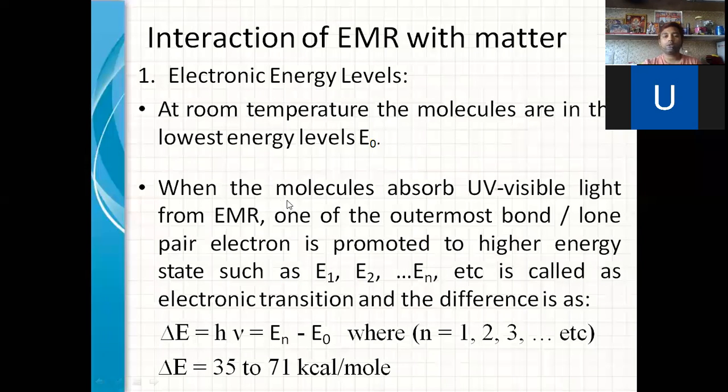When the molecules absorb ultraviolet or visible light, one of the outermost bond or lone pair electrons is promoted to higher energy states, such as E1, E2, up to En. This is called electronic transition. The difference, delta E, is equal to E final minus E initial.